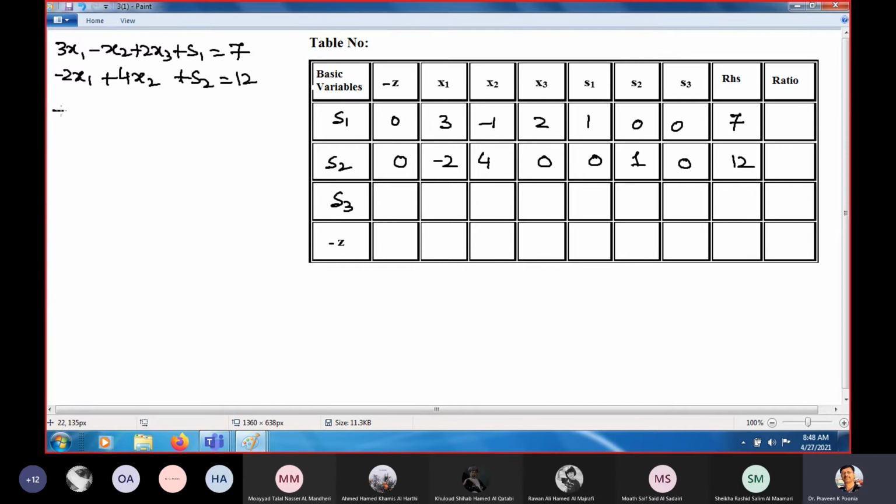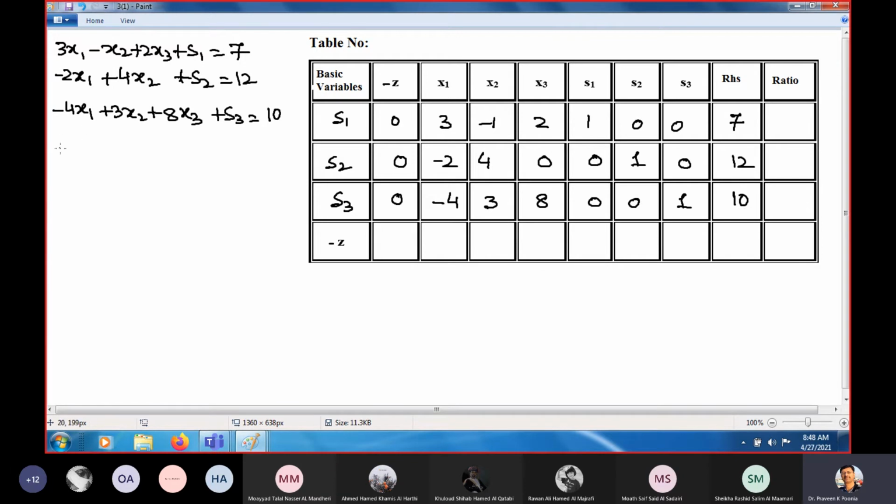Third equation: minus 4x1 plus 3x2 plus 8x3 plus s3 is equal to 10. So there is no negative z. x1 is minus 4, x2 is 3, x3 is 8, 0, 0 and 1, and the right hand side is 10.